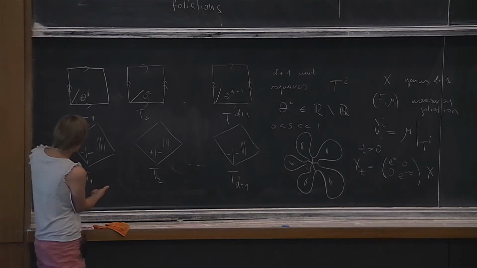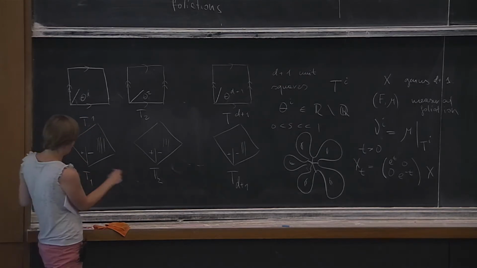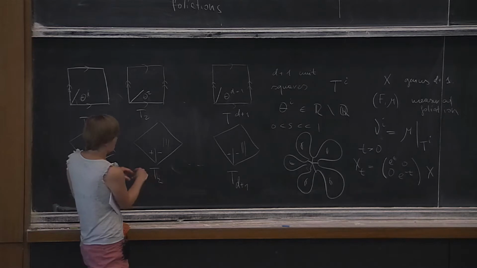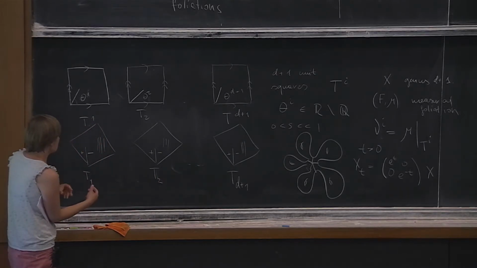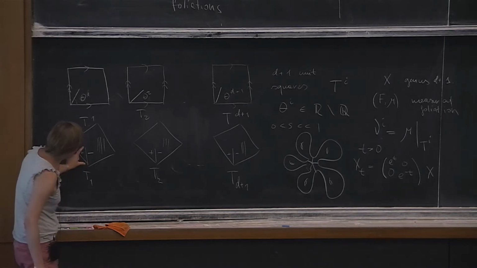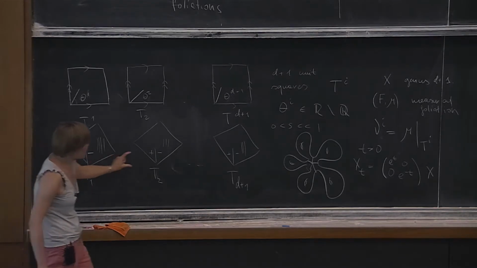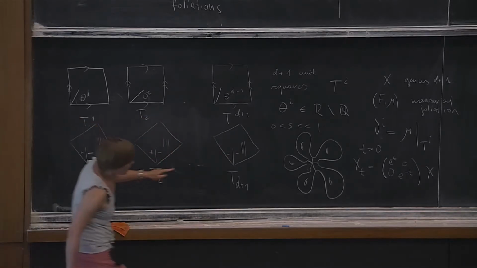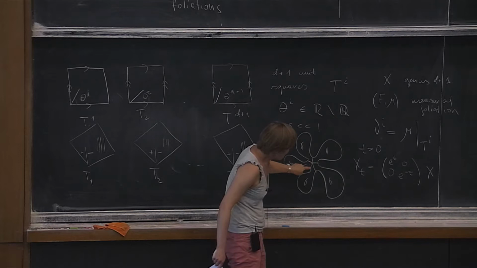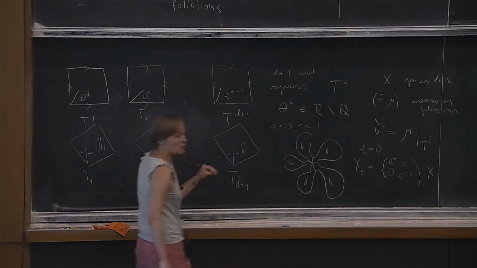So just imagine taking this picture and expanding horizontally and contracting vertically. In particular, the lengths of these segments in this picture all go to 0.